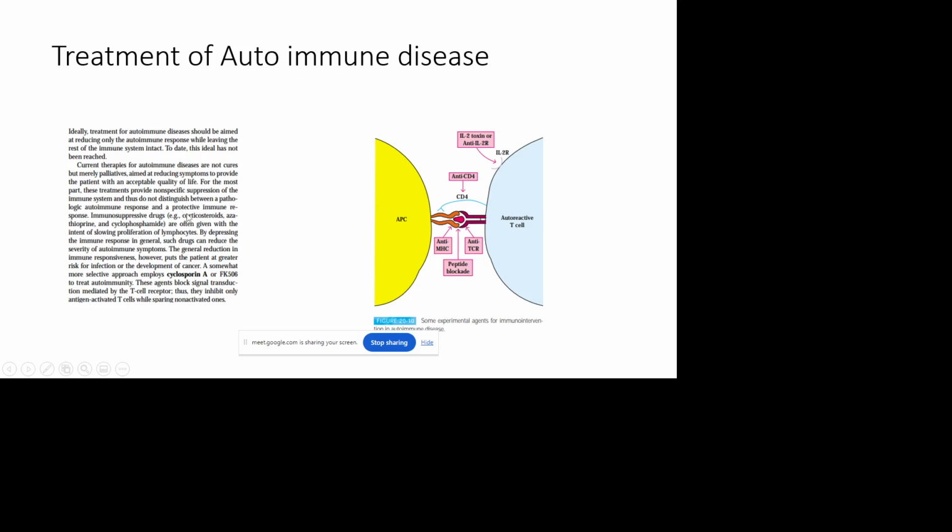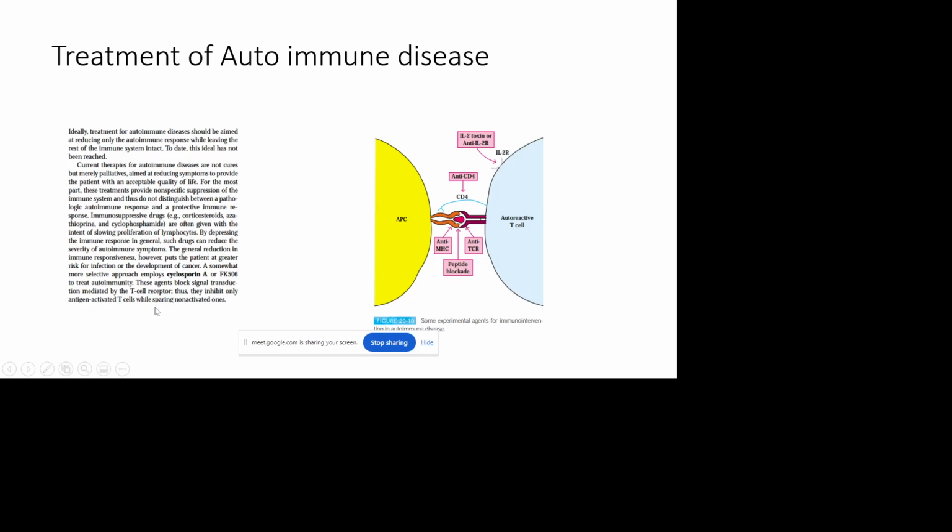Because we need to only suppress the pathogenic autoimmune response, not the normal response. Then your immunity will be compromised. So as the drug cannot distinguish, those immunosuppressive drugs can compromise your own immune response, along with suppressing the autoimmune response.